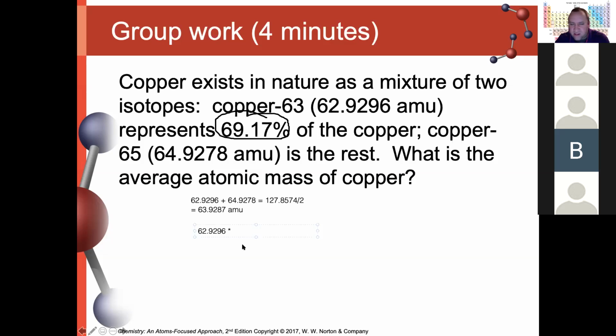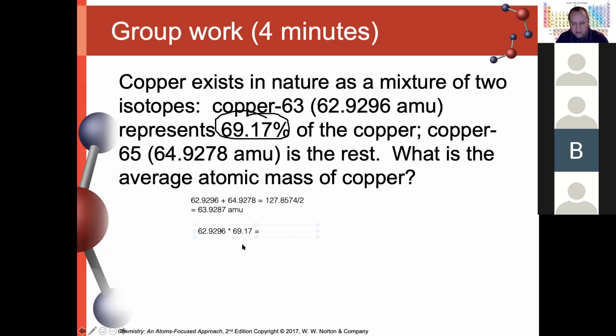And so this provides them a fail-safe, because when they get to the end and they see that the answer is in the hundreds or the thousands, they know, oh wait, I need to divide. So what I often do is I'll tell them, okay, let's multiply by the percent.